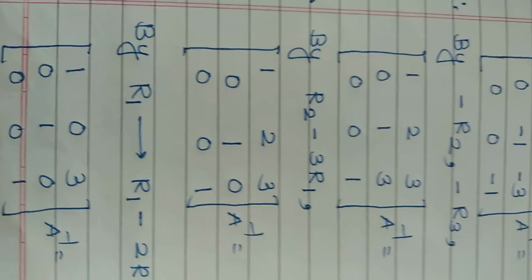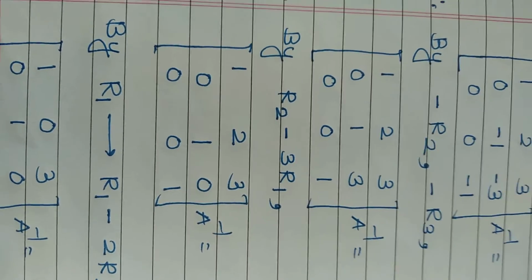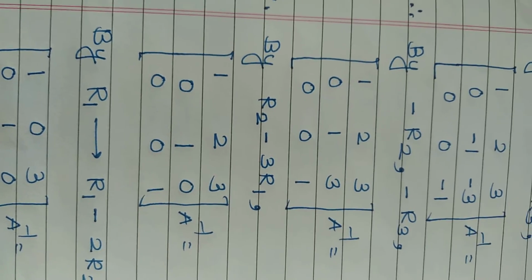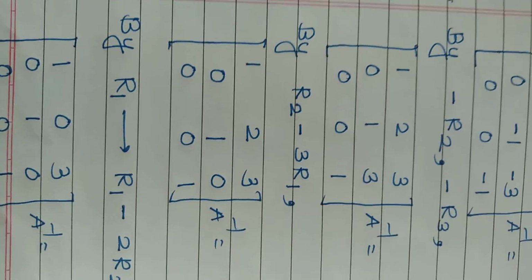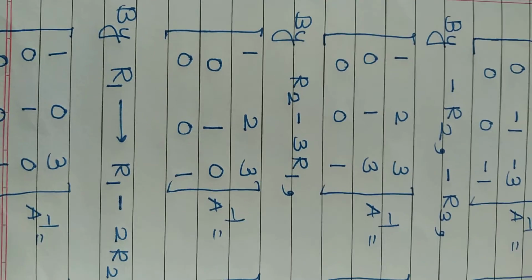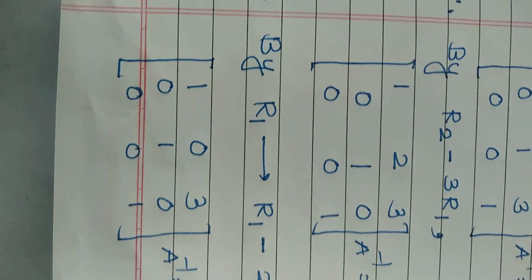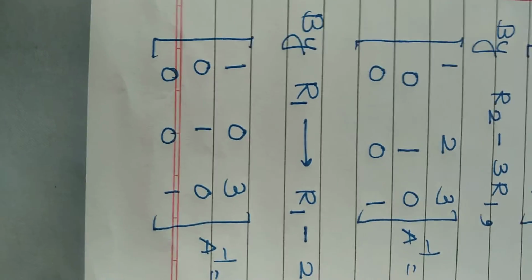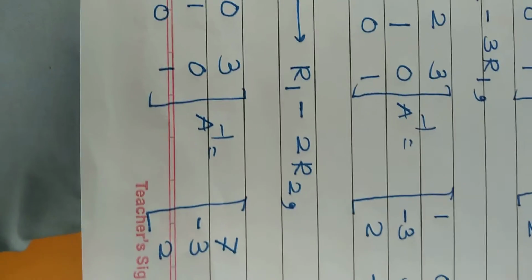Then next we can use two operations. First, R2 minus 3R3, and then look into the changes. After that, for R1 we can use R1 minus 2R2.